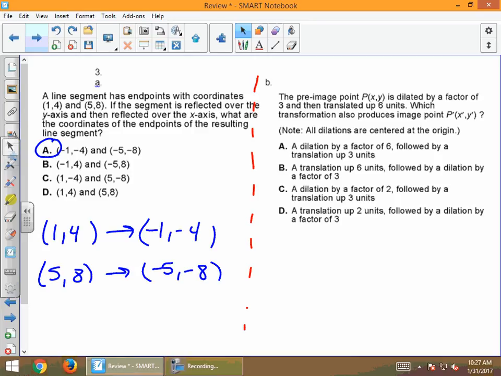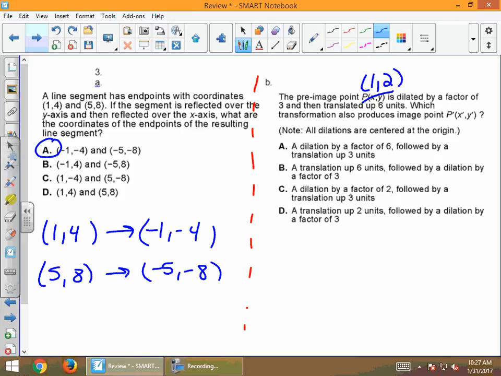They just give you a bunch of letters and you're supposed to figure out what the answer is. When this happens, make up your own point. So pick a point that has easy numbers. When I did this, I did 1, 2. 1's really easy to deal with, and 2's really easy to deal with. You could have done 1, 1. So I'm going to remake this point 1, 2.